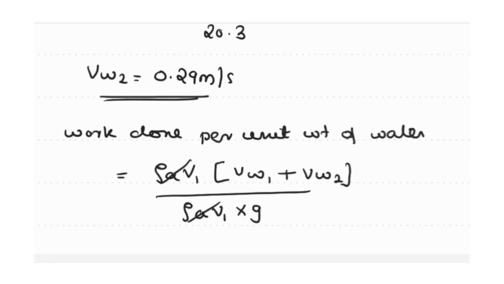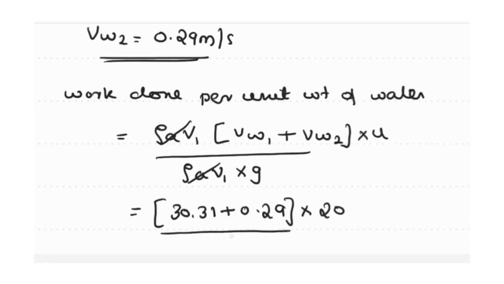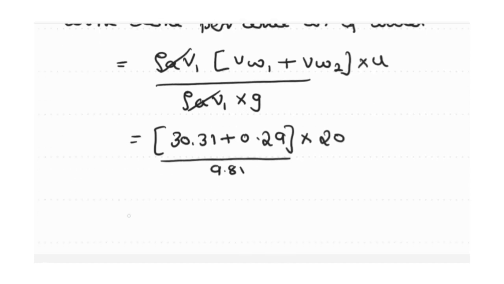So this and this get cancelled, into U. VW1 we have calculated as 30.31, VW2 is 0.29, into U is 20, divided by g is 9.81. So we'll get the answer as 62.39 Newton meter per Newton.